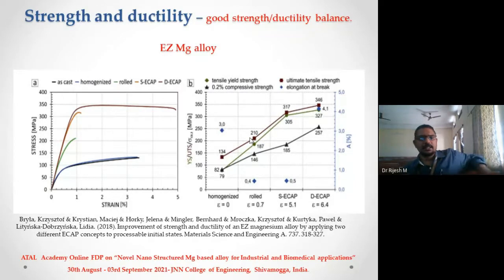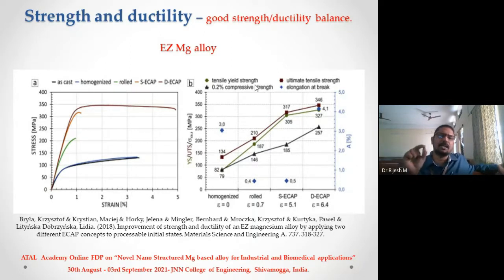Now they say that sometimes we get a combination of strength and ductility. Yes. This grain refinement generally gives you a strength to ductility balance. If you look into different materials, like ECAP and all, if you're doing severe plastic deformation, you can always say that you are getting a good balance of strength and ductility.